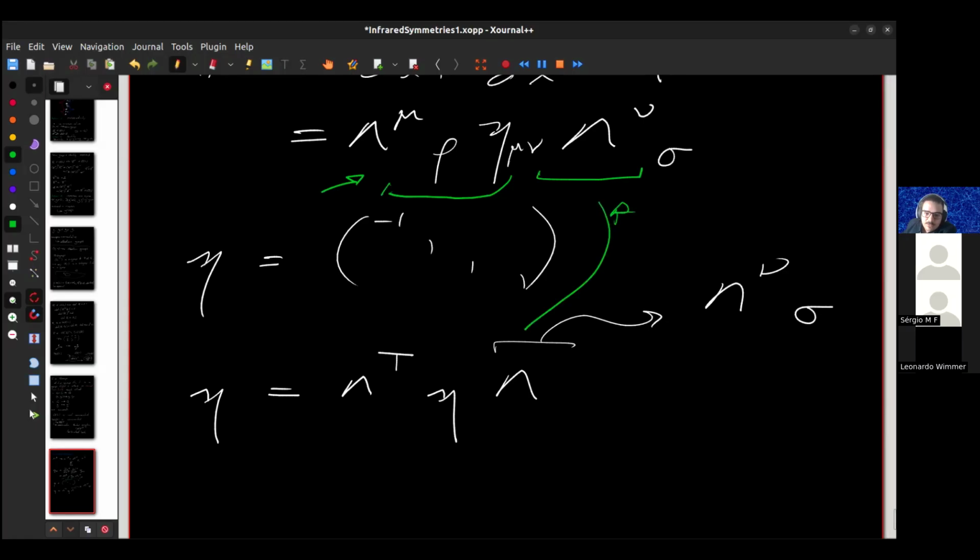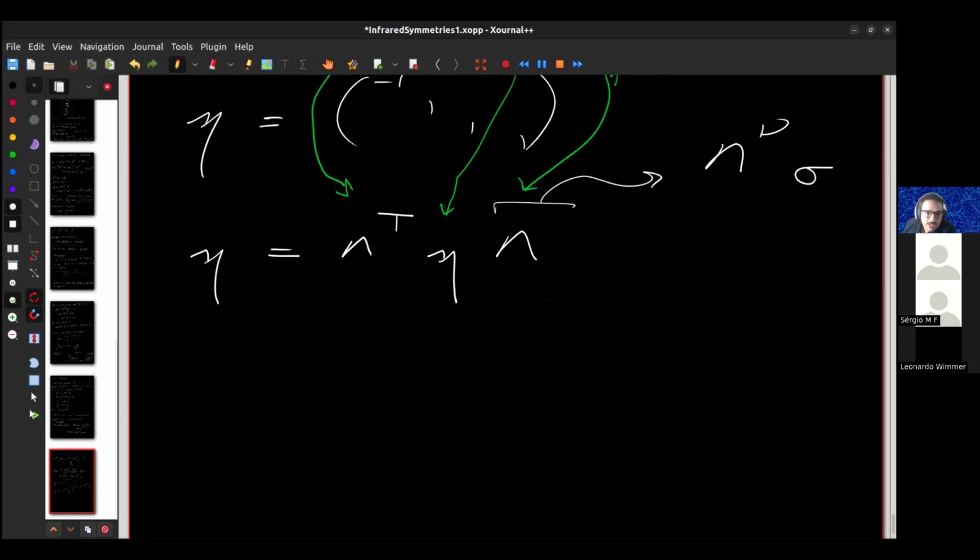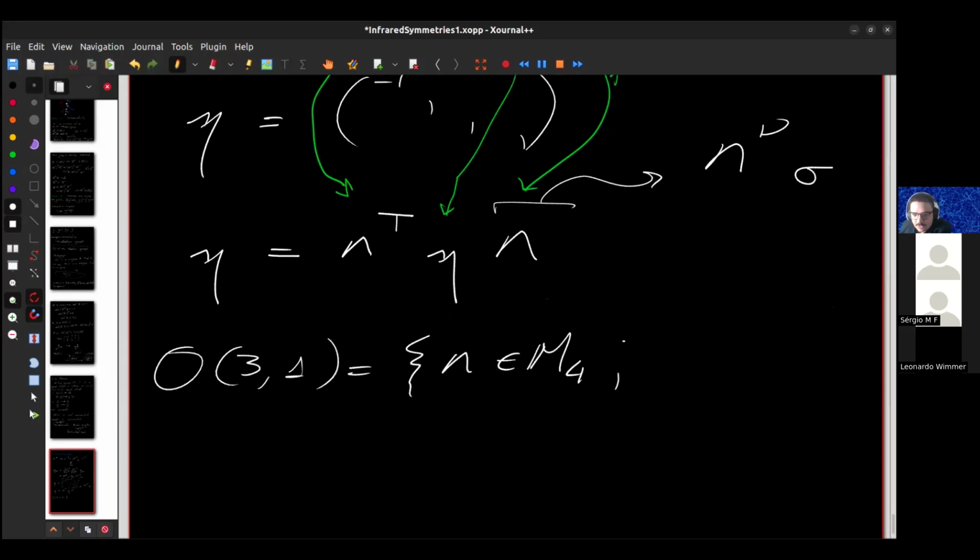So this becomes this, η becomes η, and this one becomes the transpose. And we get this expression here. So what we get now is this space, this group actually, which I'm going to call O(3,1), which is composed of four-dimensional matrices such that Λ transpose η Λ equals η.